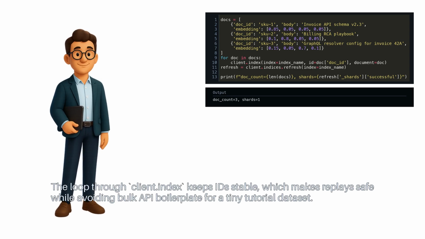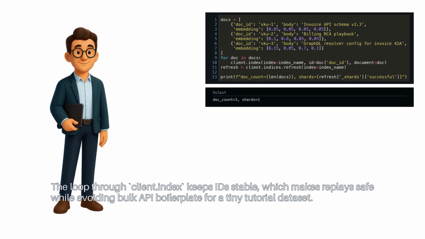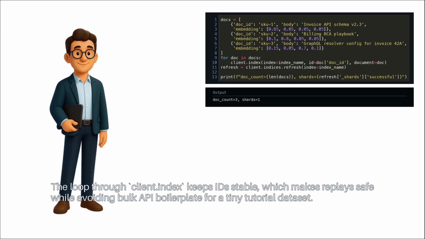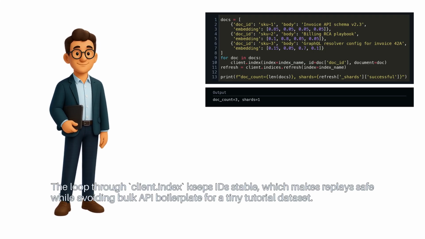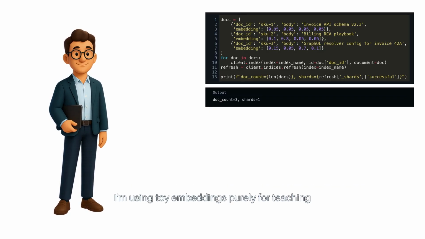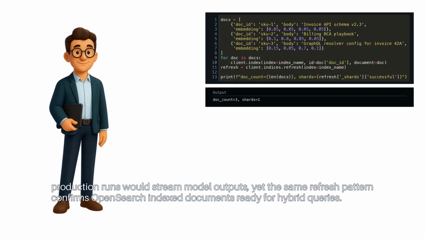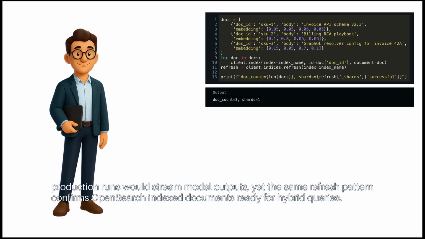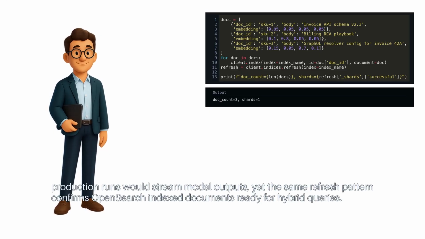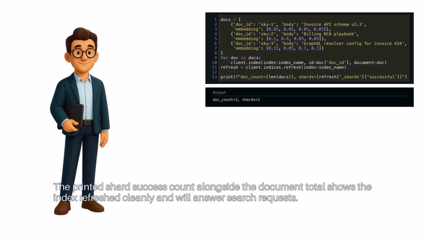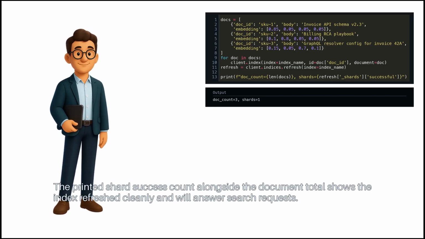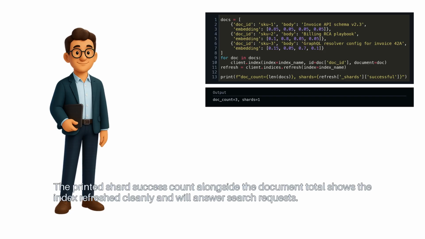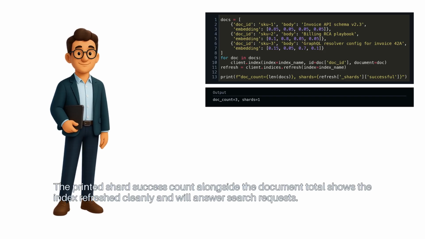The loop through client.index keeps IDs stable, which makes replays safe while avoiding bulk API boilerplate for a tiny tutorial dataset. I'm using toy embeddings purely for teaching. Production runs would stream model outputs, yet the same refresh pattern confirms OpenSearch indexed documents ready for hybrid queries. The printed shard success count alongside the document total shows the index refreshed cleanly and will answer search requests.